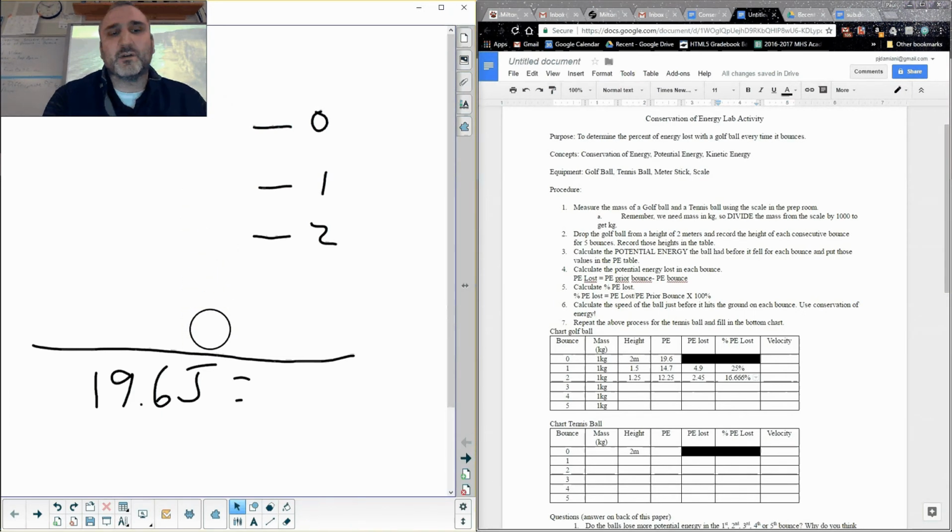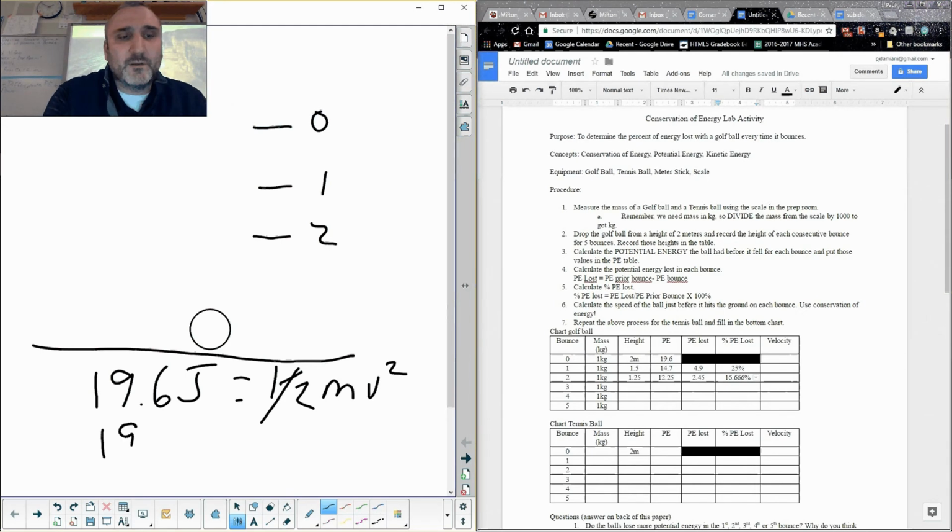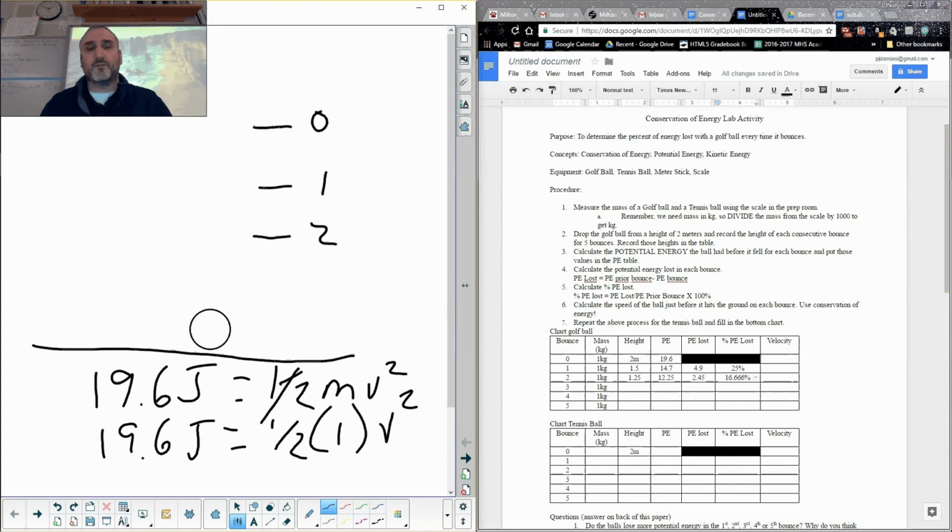So just before it hits the ground, I'm dealing with 19.6 joules of kinetic energy, and the equation for that is 1/2 mv squared. So 19.6 joules equals 1/2 times my 1 kilogram times v squared, and then we can solve for the velocity.